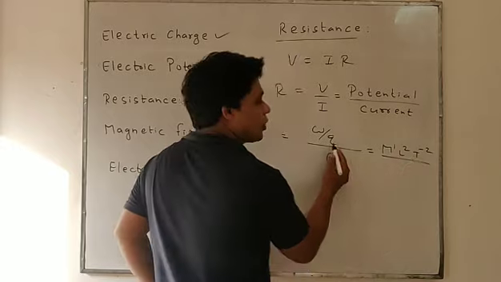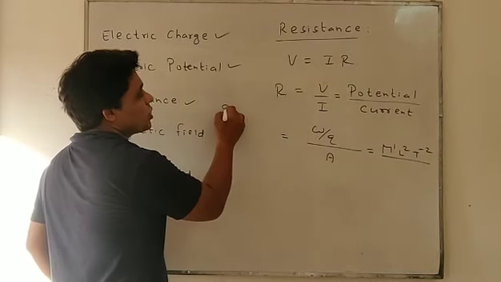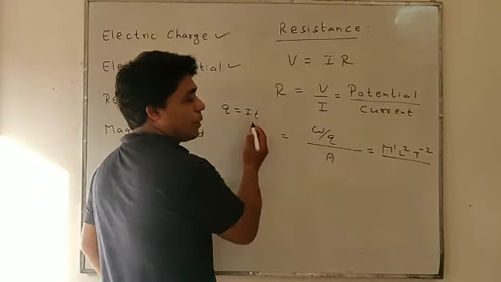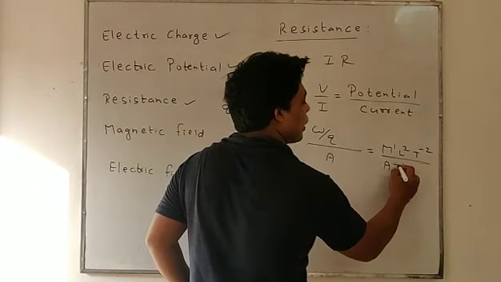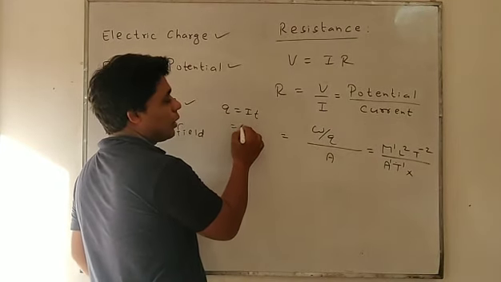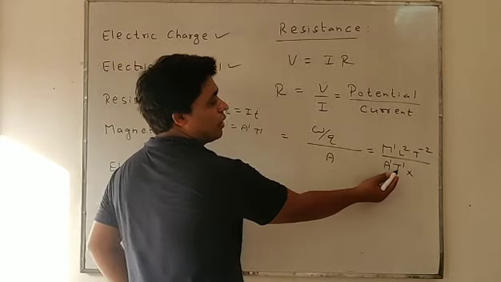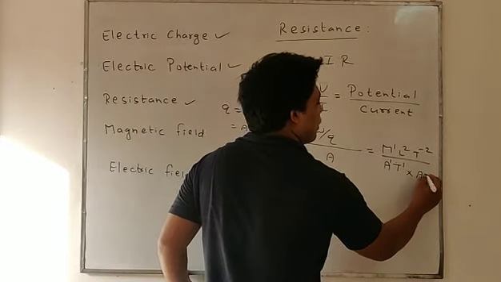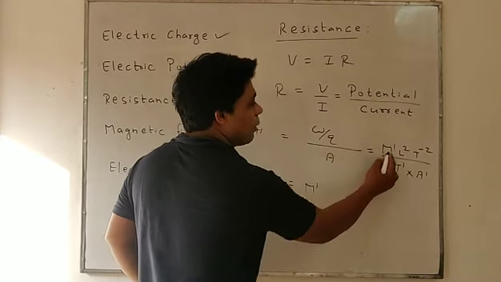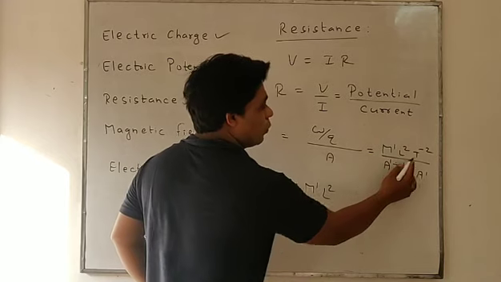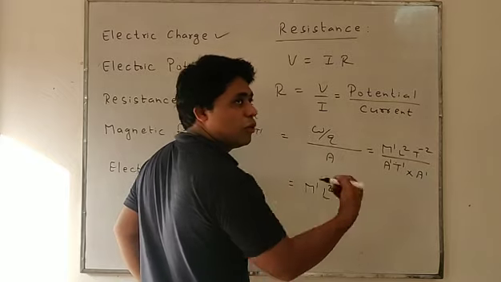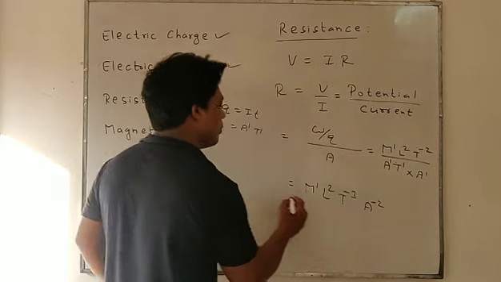And what is the dimension of charge? Just recall Q equals IT, current into time, means ampere into time. A1 T1. Q is IT, current for A, time for T. So finally we can write M1 L2 T minus 3, and A1 in the denominator transferred upwards, A minus 2.